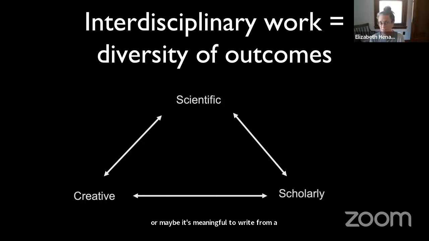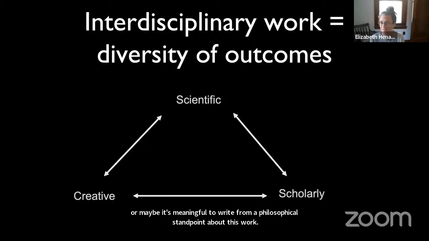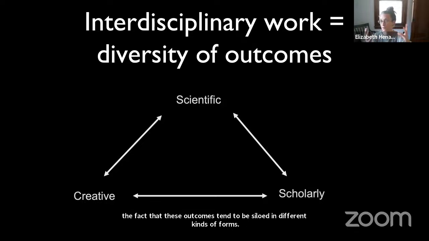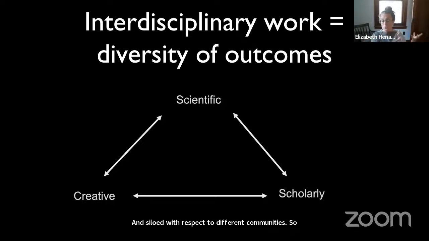And one of the challenges with interdisciplinary work is that these outcomes tend to be siloed in different kinds of forms and siloed with respect to different communities. So a scientist isn't necessarily going to go see an art show, or an artist isn't necessarily going to read a scientific paper or a philosophical paper. And so what I think is really meaningful is finding avenues where this interdisciplinary work can be published in outcomes that are meaningful for different communities.